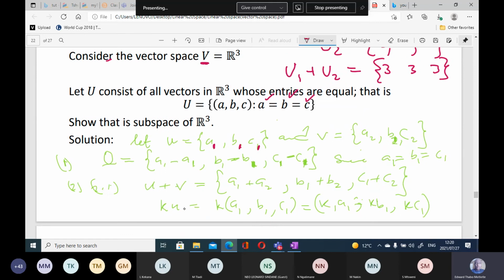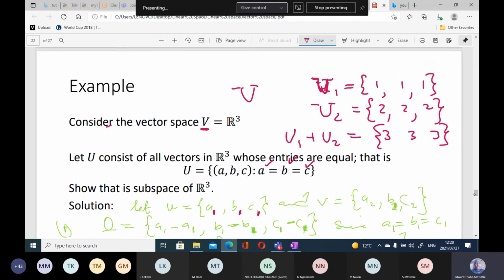Now K multiplied by U is equal to... So I'm proving this one. This is k multiplied by vector u, and vector u is what? It is (a1, b1, c1). So we can write it as ka1, kb1, and kc1.